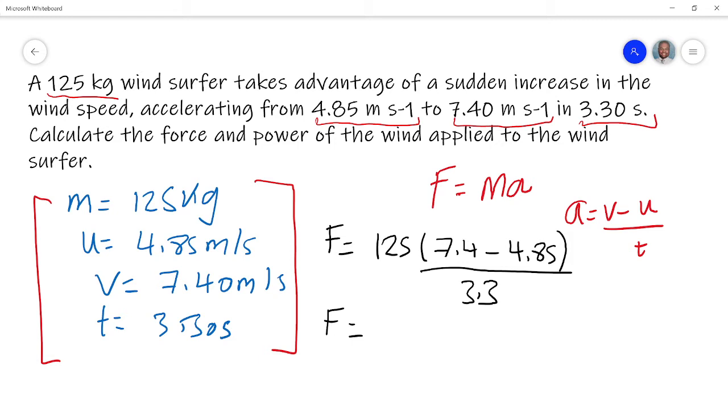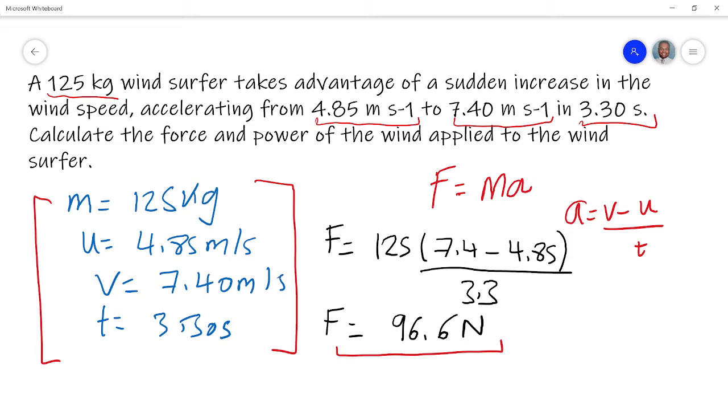So 7.4 minus 4.85 divided by 3.3, multiplied by 125, and you're going to get 96.6 newtons. So that's the force with which the wind is applied to the windsurfer. So we've got F is equal to ma, and then a is v minus u over t. We literally substitute in the formula.